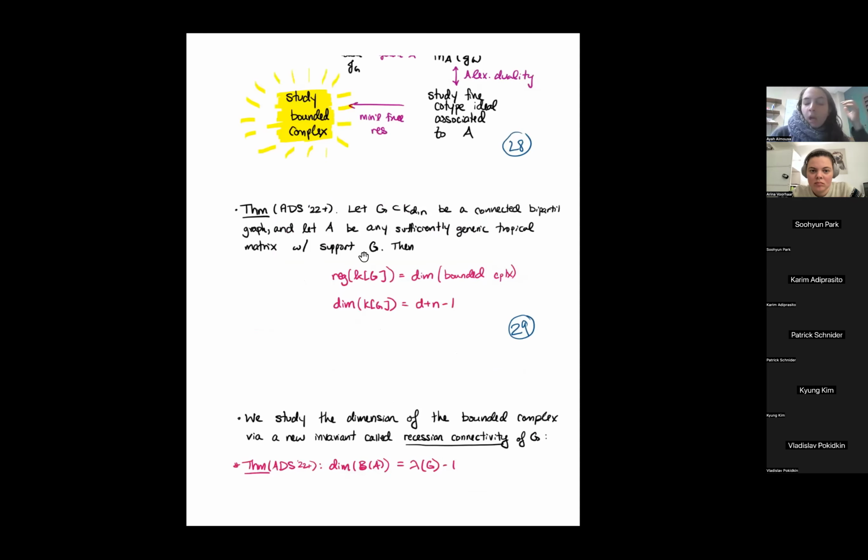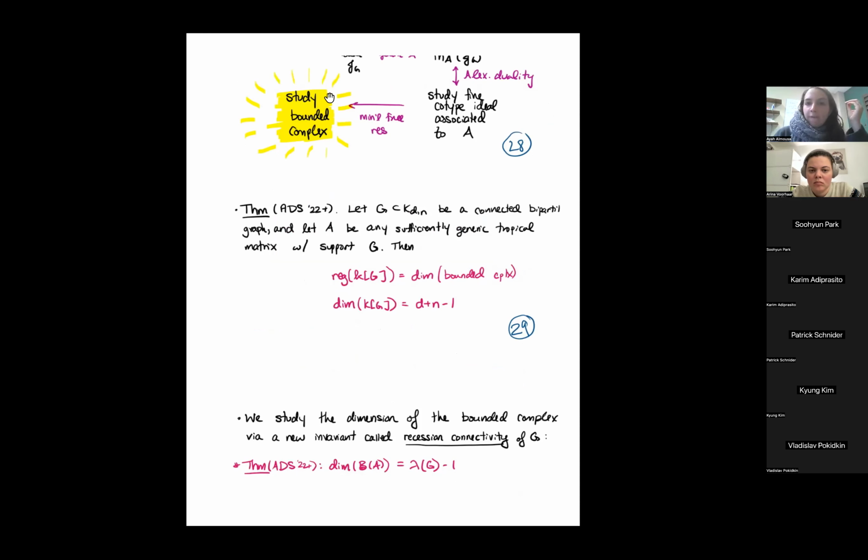And so the first theorem, as I kind of said already, is that if A is a sufficiently generic arrangement, then the regularity of the toric edge ideal associated to G is exactly the dimension of the bounded complex, right?